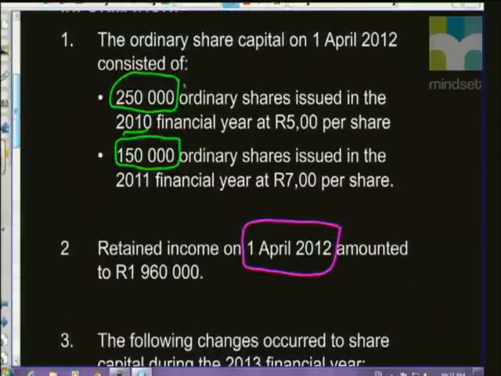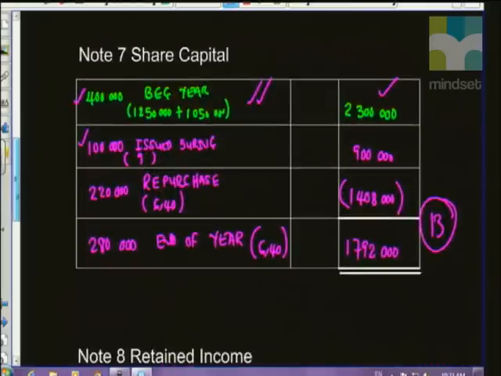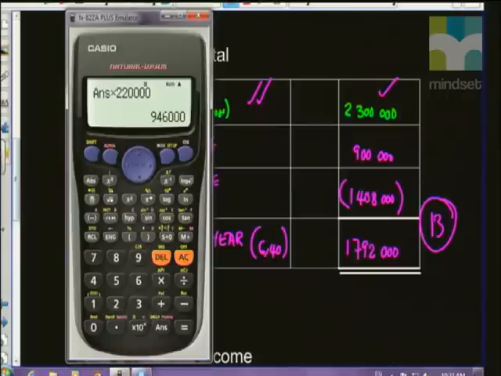And who are they? If you remember correctly, there's the 250,000 that we had at the beginning of the year, plus the 150,000. So in other words, these shares were in existence during the financial year. And as you can clearly see, that was a total of 400,000 shares. Therefore, let's do our calculation. 400,000 multiplied by the interim dividend.